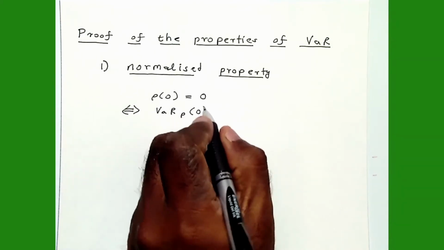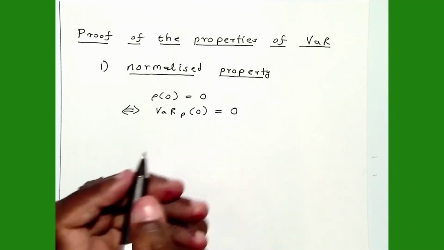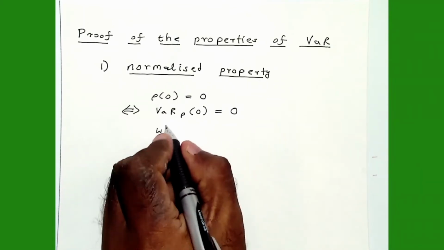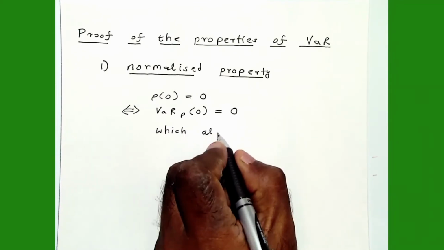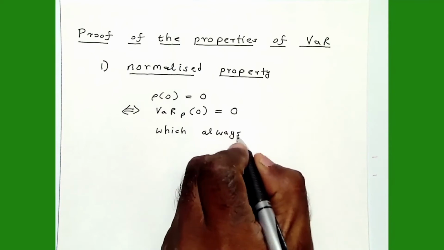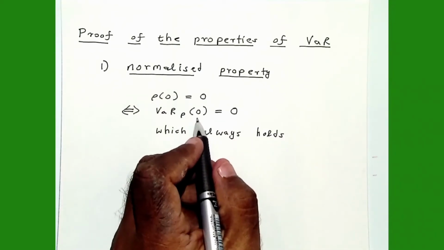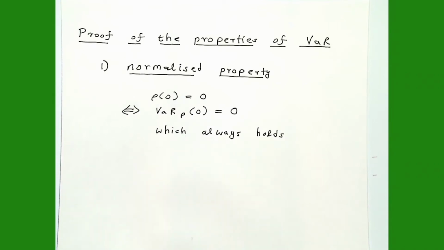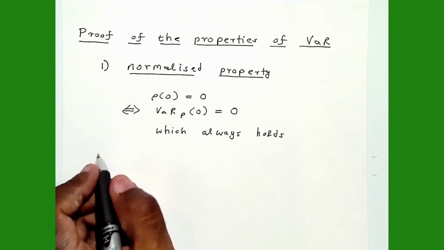Okay, VaR at 0 is 0, which is always true, because if your random variable is 0, then the VaR of 0 is always 0. All right, so hence the normalized property is satisfied.